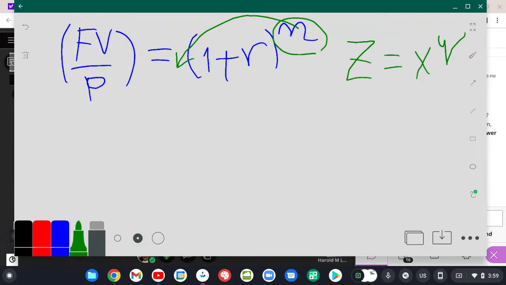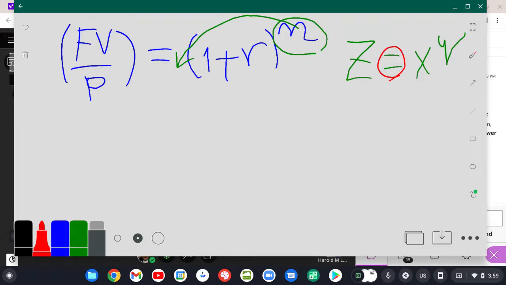In other words, when you take the log, you have to do the same thing on both sides. You remember when you have an equation, because this equal sign means whatever you do to the right-hand side, you have to do the same to the left-hand side. Otherwise, equal won't hold.